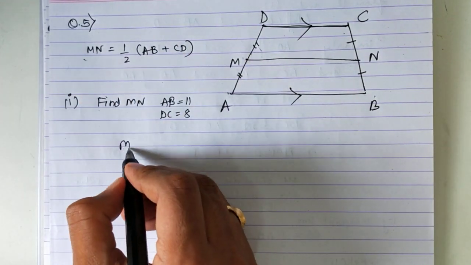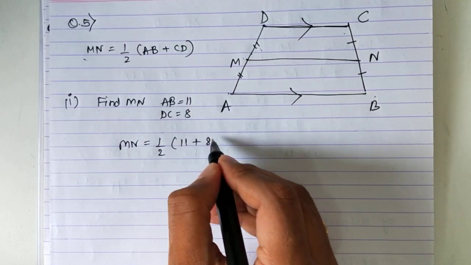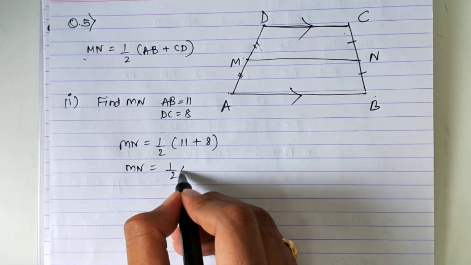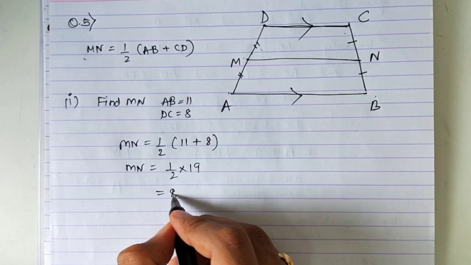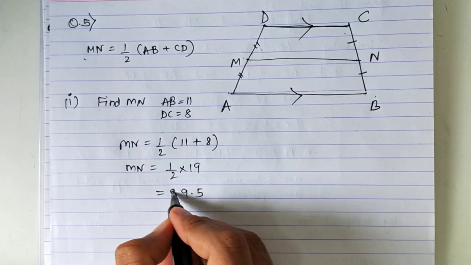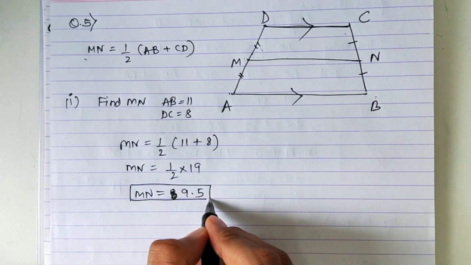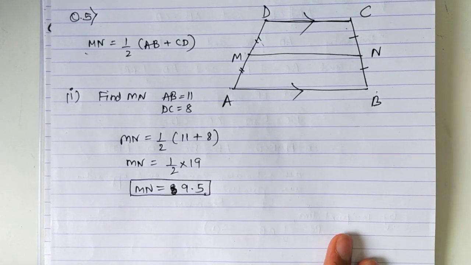So MN is half of AB, which is 11, plus CD, which is 8. So MN is half into 19, that is 9.5. Okay.